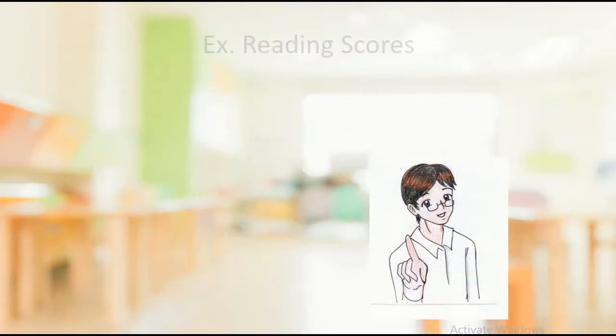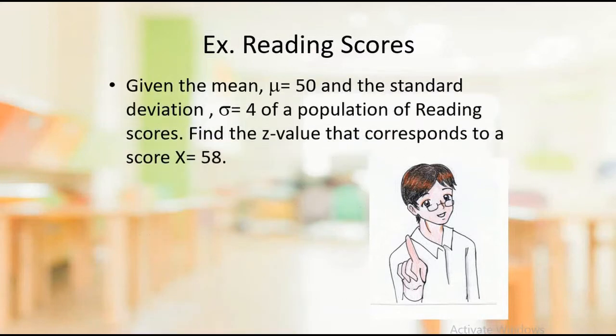Now here are the examples. Reading scores. Given the mean mu is equal to 50 and the standard deviation sigma is equal to 4 of a population of reading scores, find the z-score that corresponds to the score x is equal to 58.